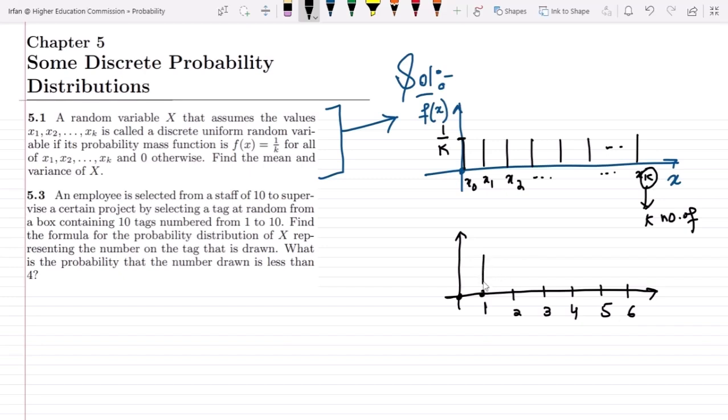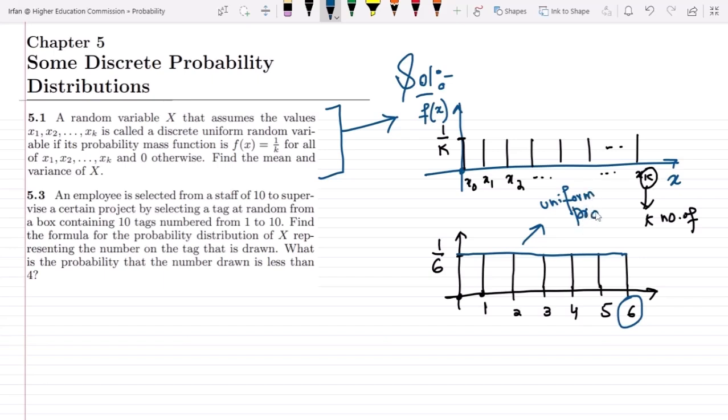All of them will have the same probability, because these are equiprobable, and this probability is 1 by 6, because here you can see that this is x of k, and the sixth item has the same probability as we have here, and these are basically the uniform probability distributions. Okay, so I hope you have got my point about what is meant by the uniform probability distribution.